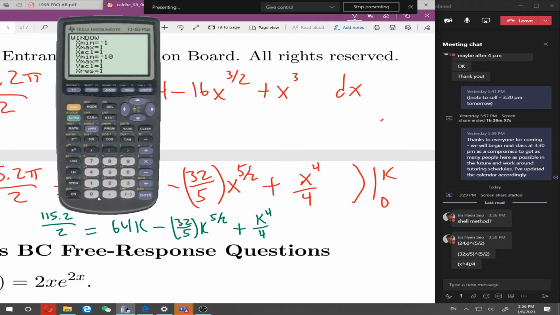Let's go up to 100. There we go. 115.2 we've got to hit. Okay, so second calculate and intersect of the first curve, the second curve, and a guess. And that should give us our intersection up here.